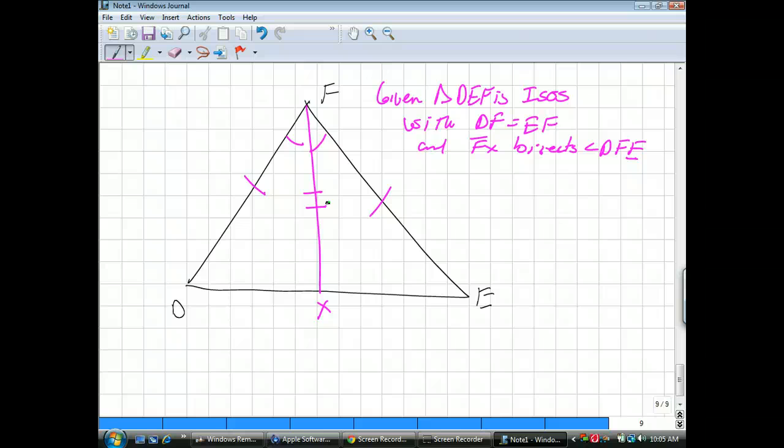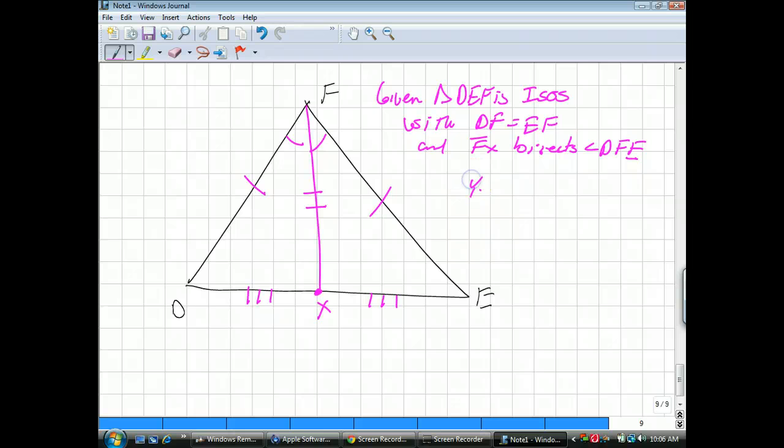Okay? So would FX be a median of the triangle? Well, since we can prove them congruent by corresponding parts, we know this is congruent to this. Therefore, by definition, that is a median.